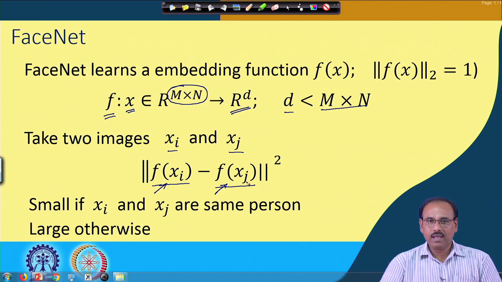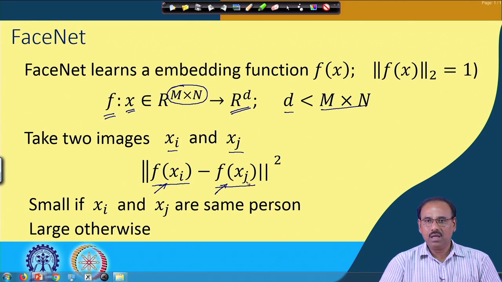Now, if xi and xj are images of the same person, maybe in different orientation, different pose, or under different illumination, what is expected is that the distance between f(xi) and f(xj) should be very small.